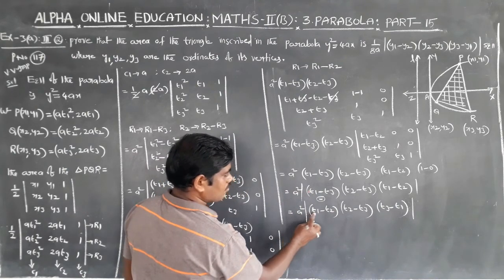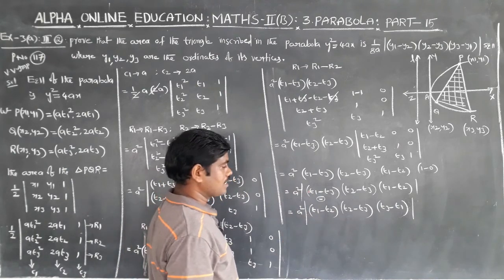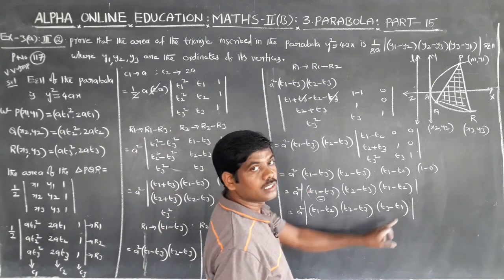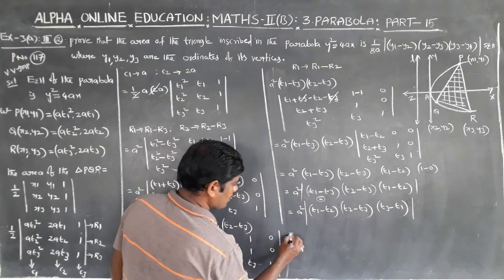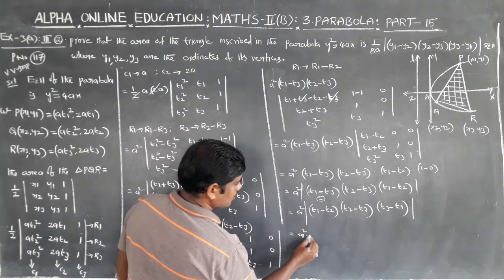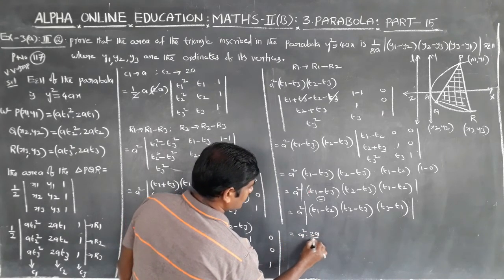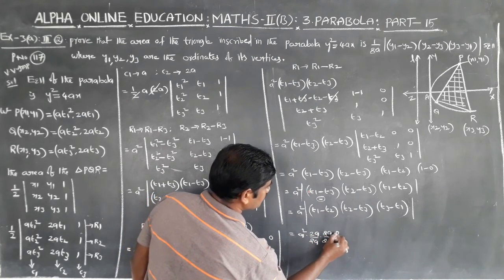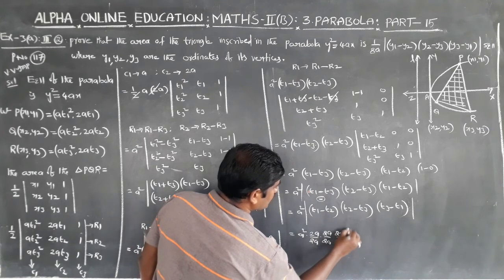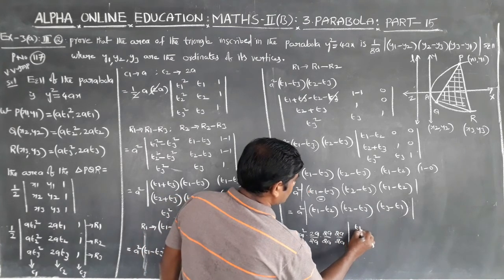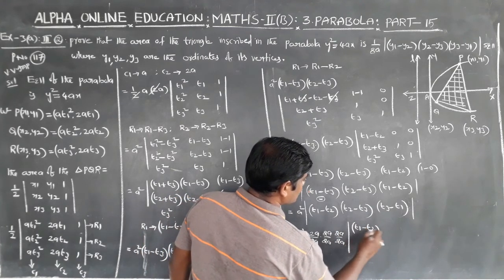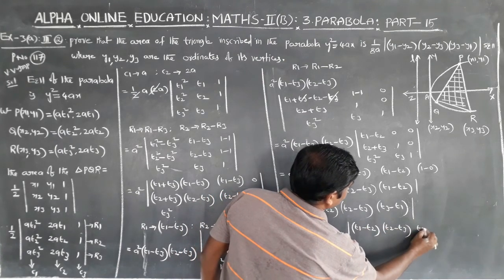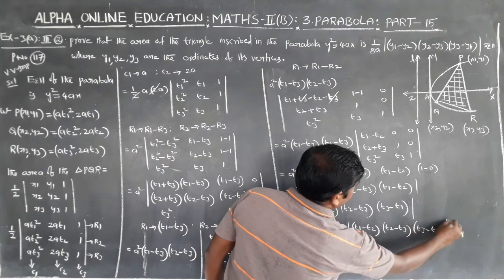Here A square into T1 minus T2 into T2 minus T3 into T3 minus T1. A square into multiply divided with 2A and 2A into mod of T1 minus T2, T2 minus T3, T3 minus T1.